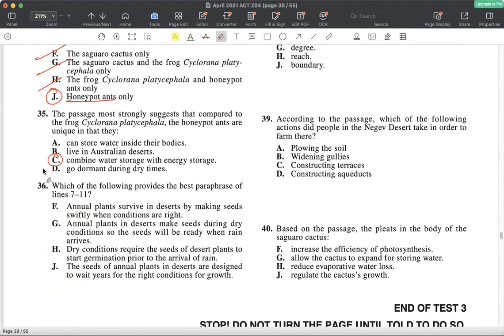Okay, so annual plants survive in deserts by making seeds swiftly when conditions are right. Annual plants in deserts make seeds during dry conditions, so the seeds will be ready when rain arrives. Dry conditions require the seeds of desert plants to start germination prior to the arrival of rain. The seeds of annual plants in deserts are designed to wait years for the right conditions for growth.